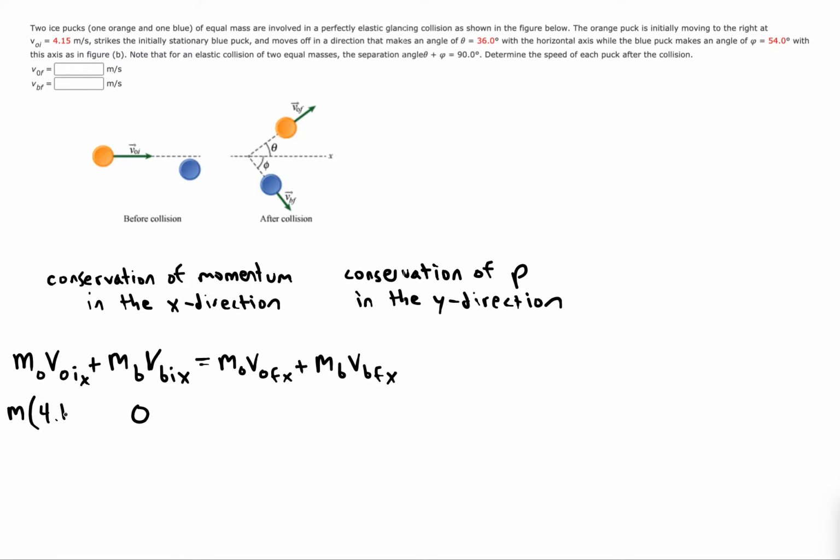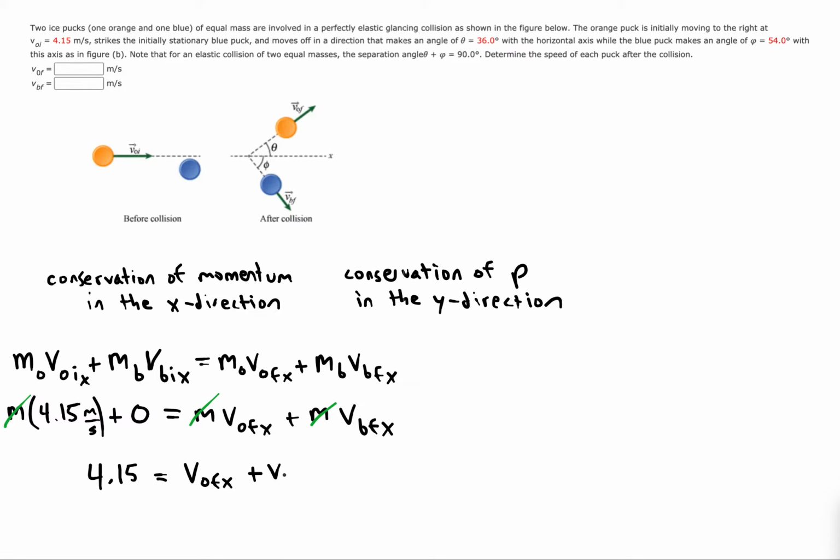And then we'll give this guy a 4.15, and then we'll do m times VO final x plus m times VB final x. Exactly like this, the m's are going to cancel, and we'll basically get it down to 4.15 equals VO final x plus VB final x. Still can't solve it though because we got two unknowns.